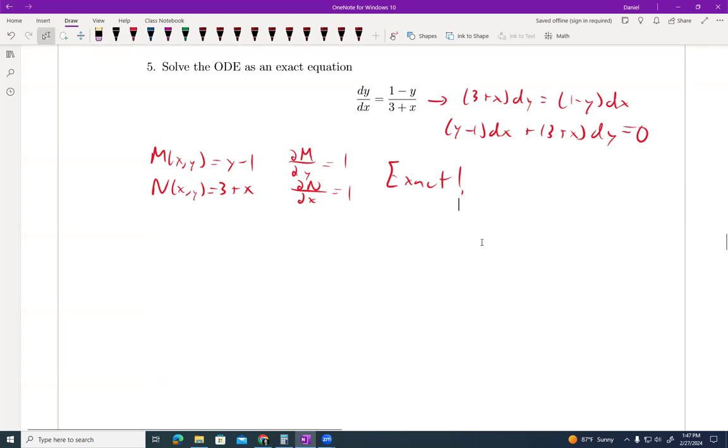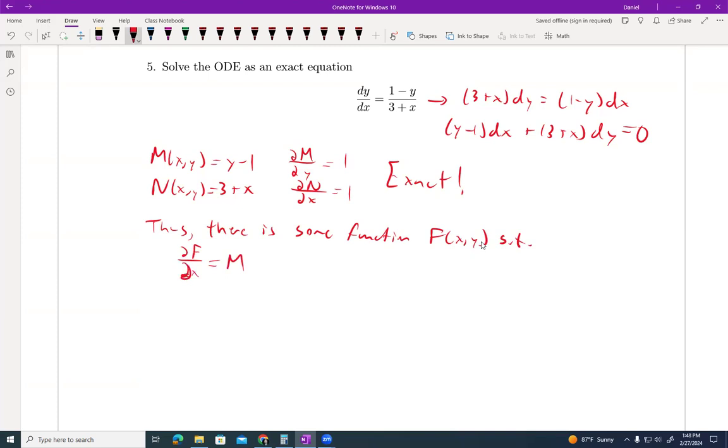But now that we have that, right, we can say, thus, there is some function f of x,y such that two things have to happen. The partial derivative of f with respect to x has to be equal to M, okay, and the partial derivative of f with respect to y has to be equal to N, okay.